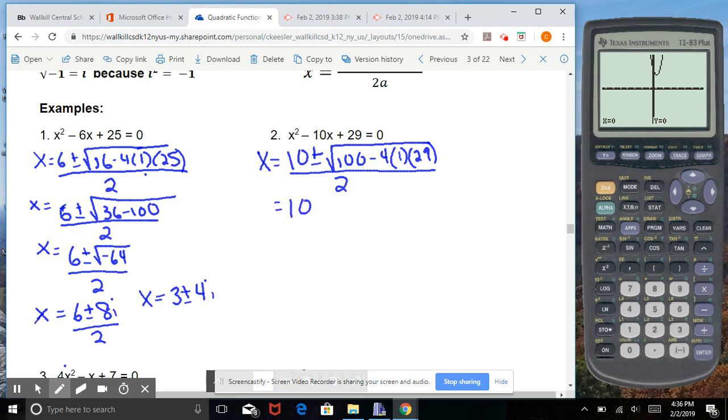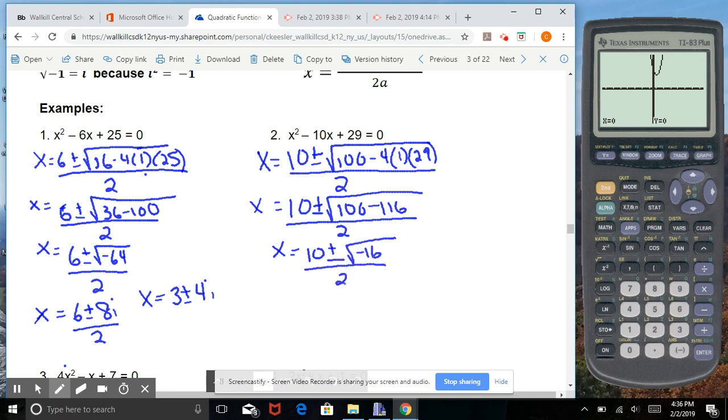That equals 10 plus or minus the square root of 100 minus 4 times 1 is 4, times 29 is 116, all over 2. So x equals 10 plus or minus the square root of -16, all over 2.